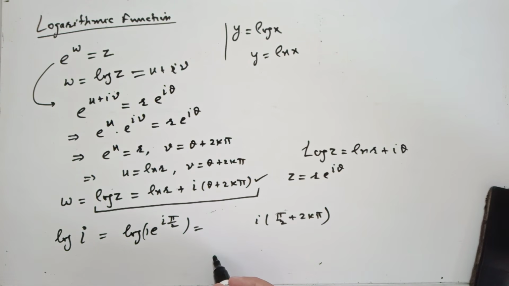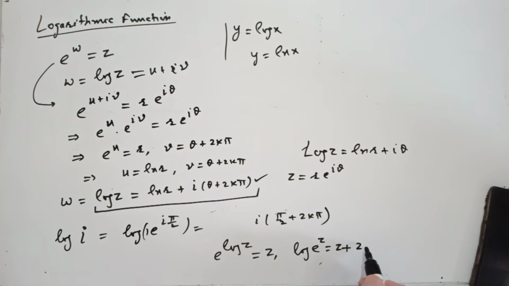Further, you can easily show that e power log z is z, but log e power z is not z; there is something extra with this, z plus 2k pi iota. Verify these two results yourself following the definitions of exponential function and logarithmic function. I leave these for you.